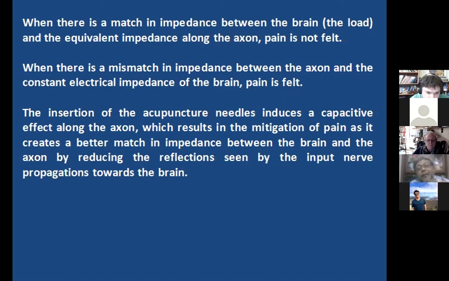When there is a mismatch in impedance between the axon and the constant electrical impedance of the brain, pain is felt. The insertion of the acupuncture needles induces a capacitive effect along the axon, which results in the mitigation of pain as it creates a better match in impedance between the brain and the axon by reducing the reflections seen by the input nerve propagation towards the brain.